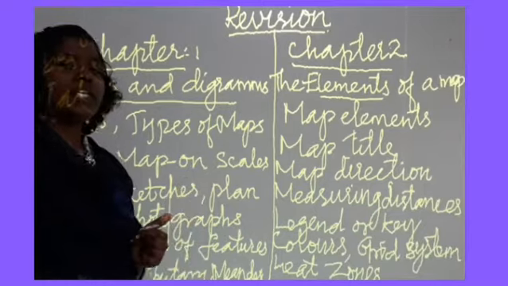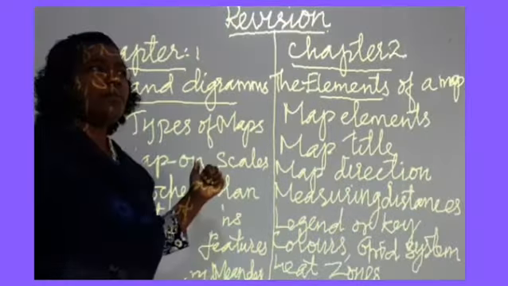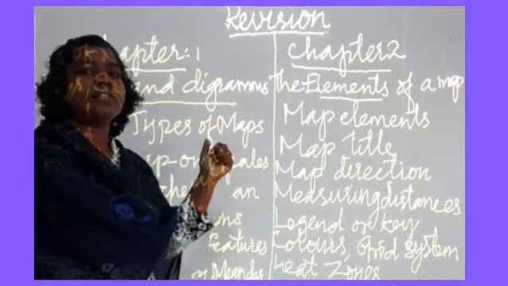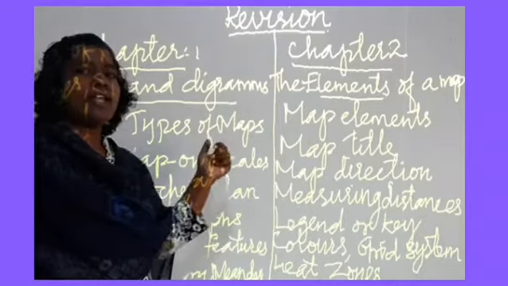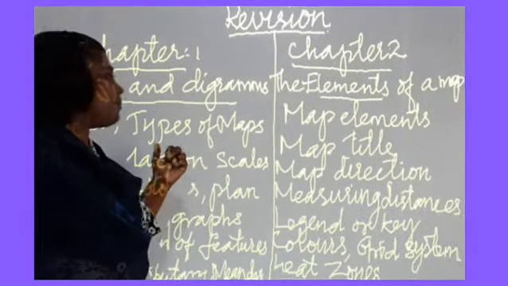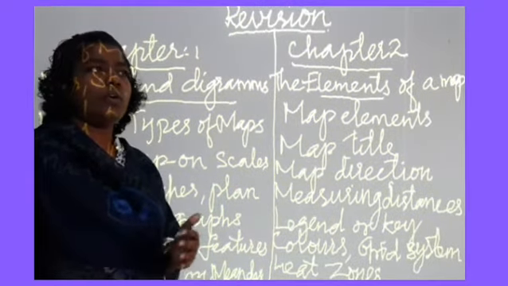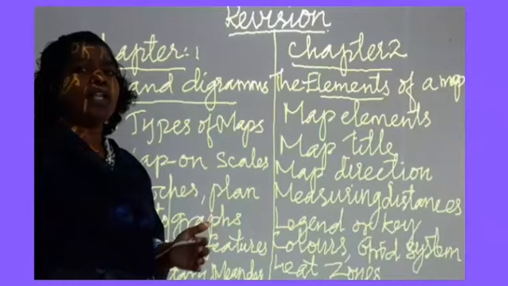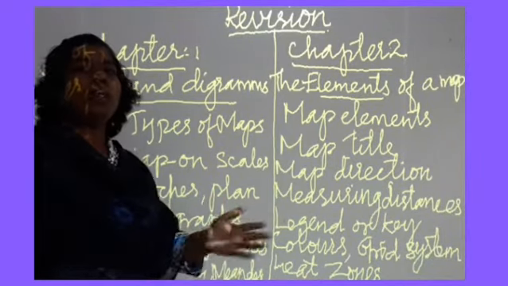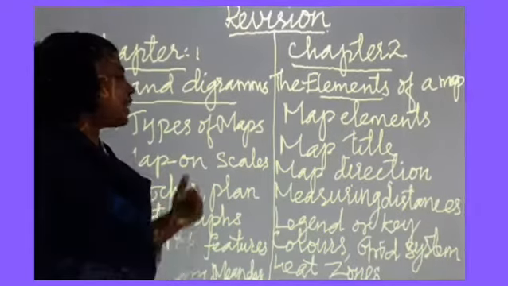And what is a political map? What do political maps tell us about? The political map tells us about the boundaries of countries, continents, districts, states, and your locality can be seen in the political map. And the physical map gives us information about the physical features like mountains, hills, plains, plateaus, desert, and all the physical features can be identified with the help of the physical map.